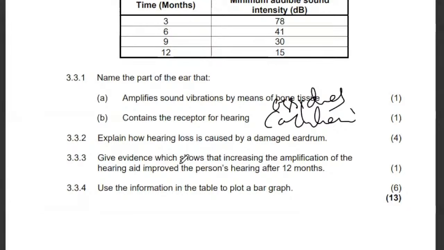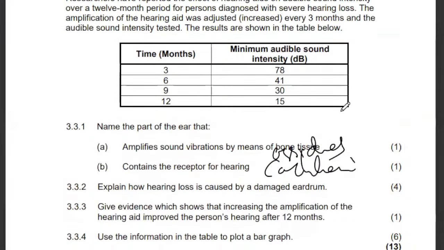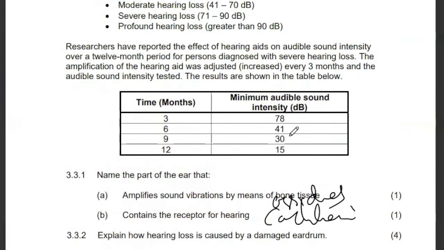Then they're saying give evidence to show that the increase in amplification of the hearing aid improves the person's hearing after 12 months. So after 12 months, what happens? Yes, after 12 months, you see that the person can still hear the intensity which is less than 15. Because at 3 months, it was stopping on 78.